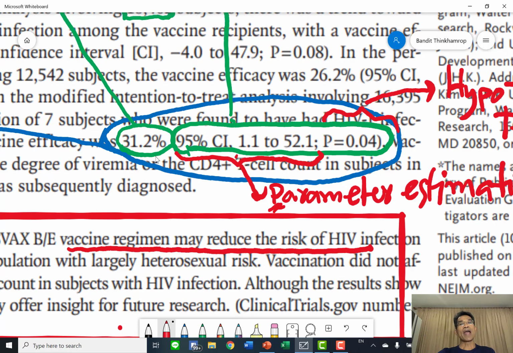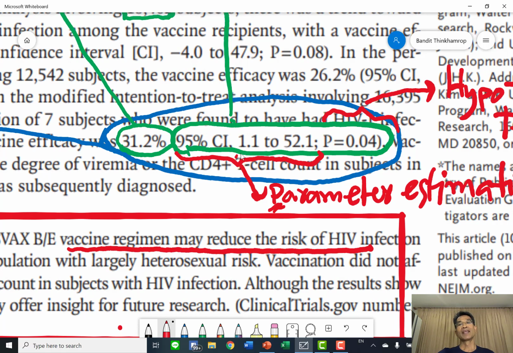It will be varied. Now, this is to quantify how likely, in the larger population, that efficacy would be.